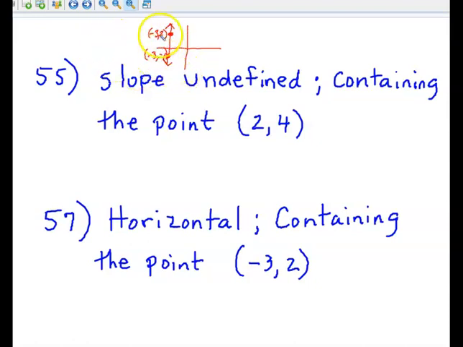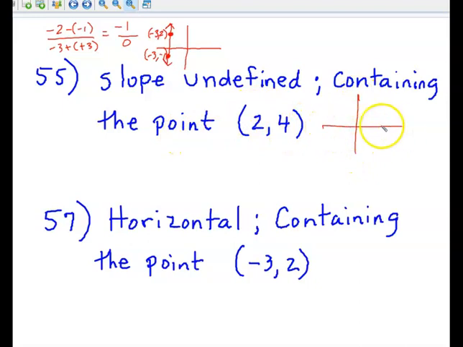If you tried to use the slope formula to find the slope, and you subtract the y's, negative 2 minus negative 1, over negative 3 minus negative 3. The top you would get negative 1, but the bottom creates a problem because negative 3 plus 3 is 0, and you can't divide by 0. That's just an illustration. Anytime you see that the slope of a line is undefined, it's telling you that this is going to be a vertical line. So what we know on this vertical line is that it contains the point 2, 4.